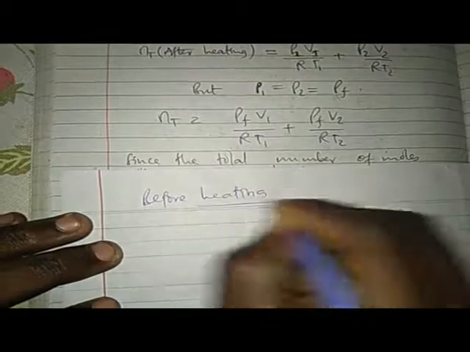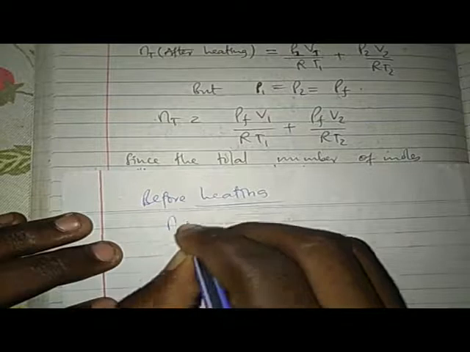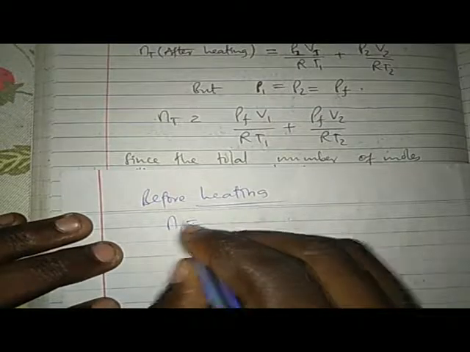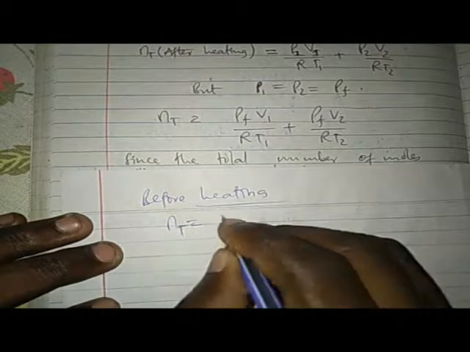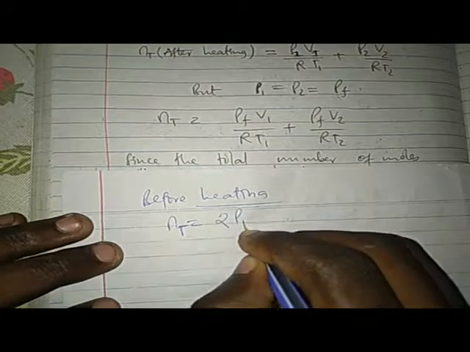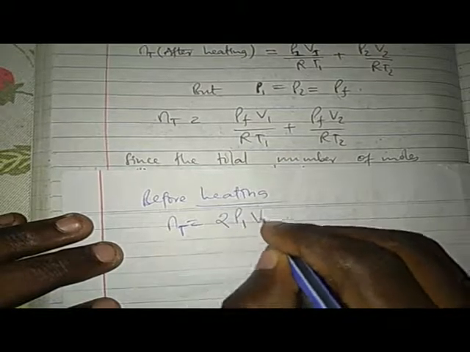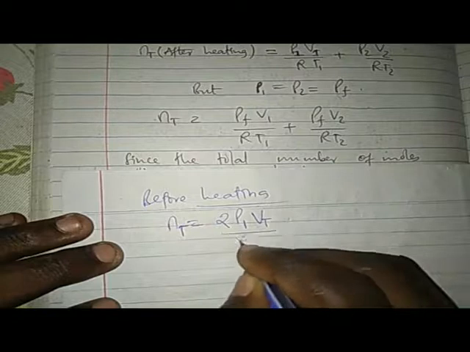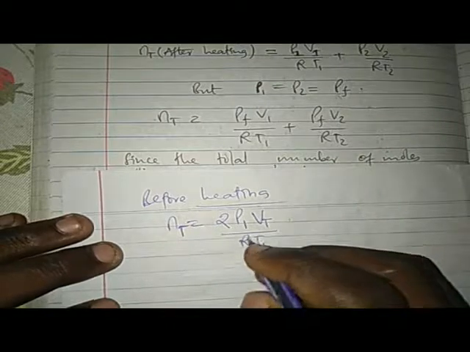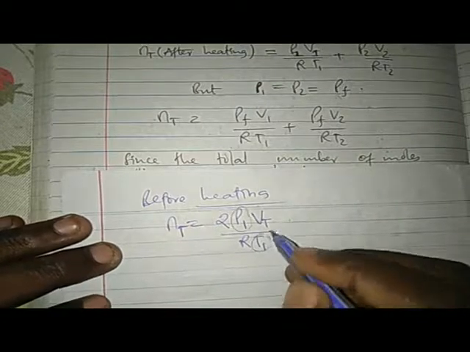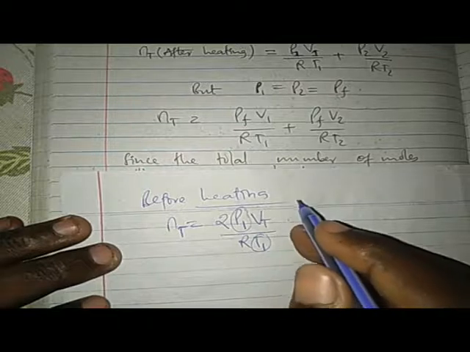Before heating the flasks, the total number of moles would be equal to 2 P1 V divided by R T1. That is because pressure and temperature were similar.